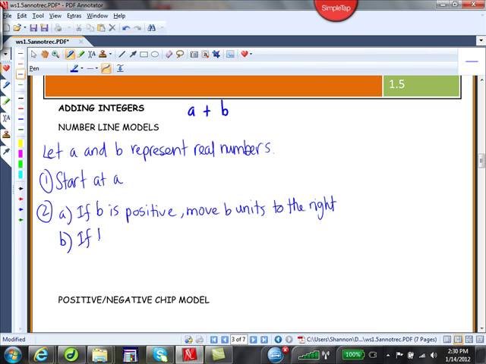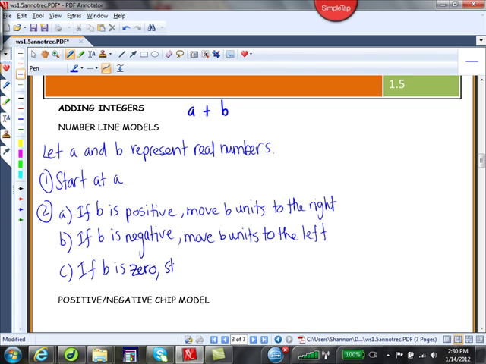If b is negative, move b units to the left. And then, third situation, if b is 0, stay at a. So that's how one would use a number line model.